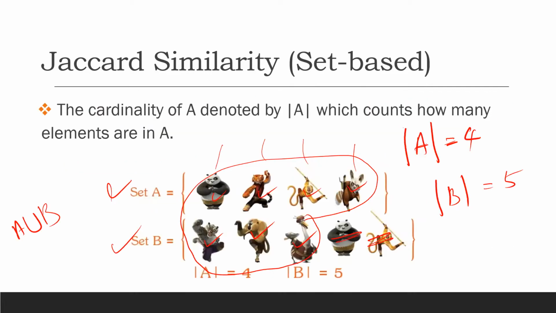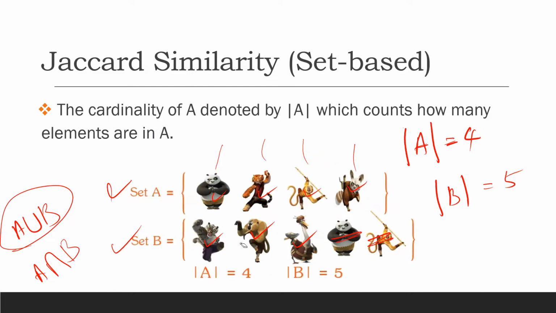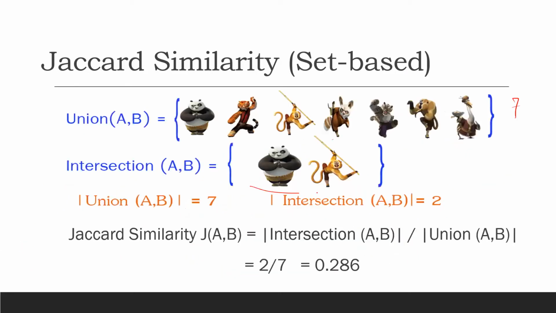Now A intersection B. What is the common thing for both sets? This one is common. This one is common. So how many things are common? Only 2 things. So we put these 2 in the intersection. This is the union.